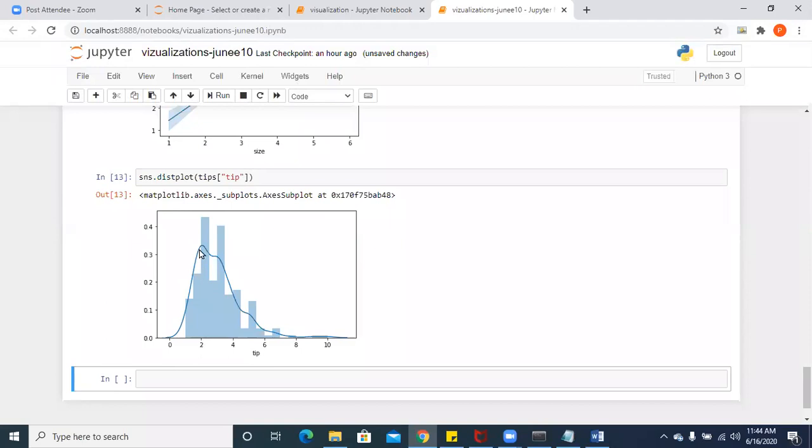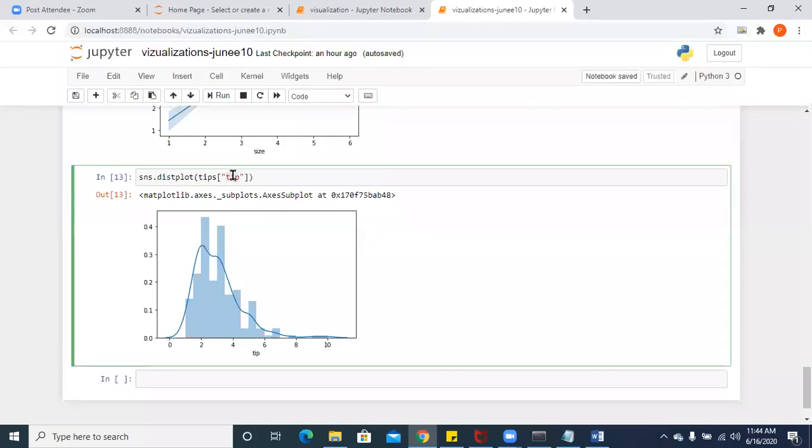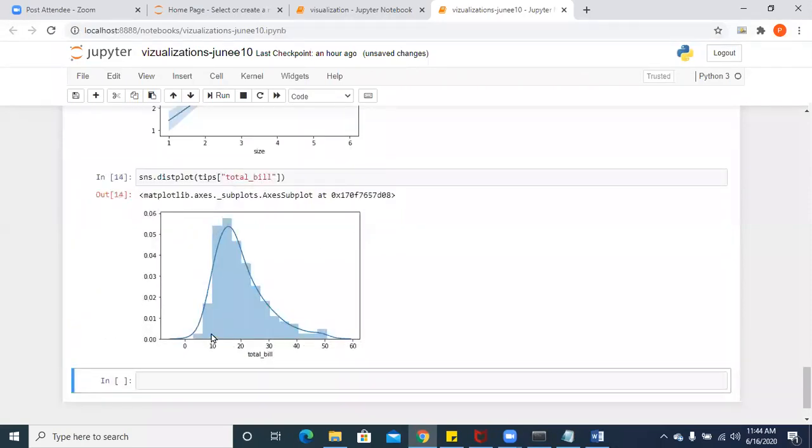If you see the total underscore bill also, if you execute this, most of the bills lie between around 15 to 17. So like that, you can use this distribution plot.